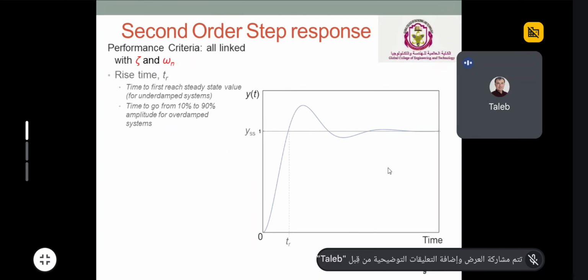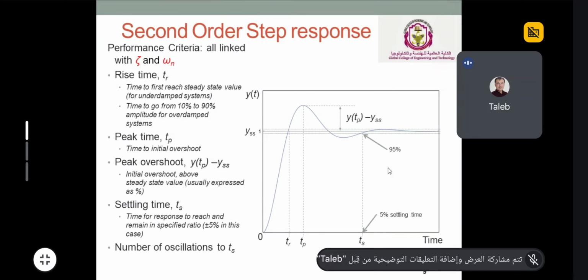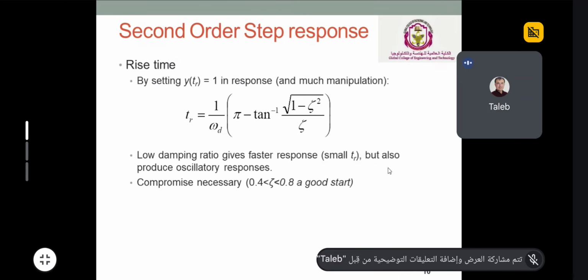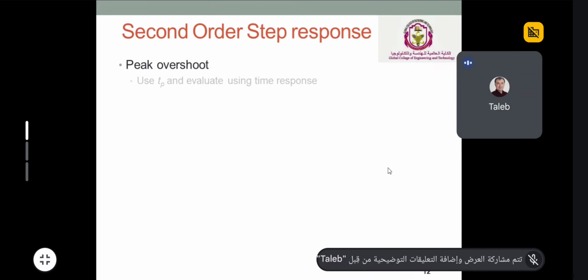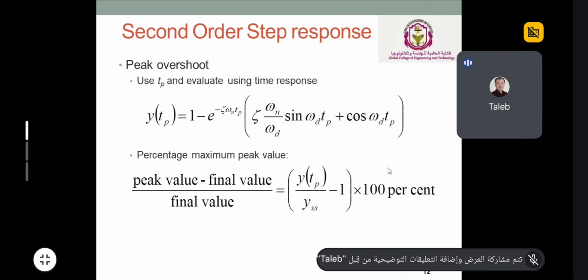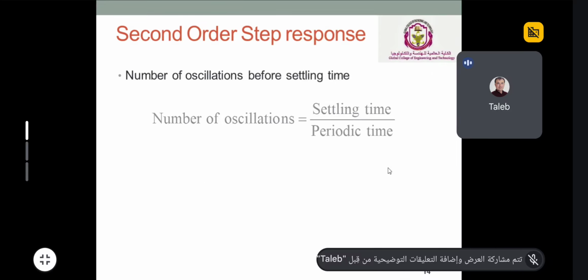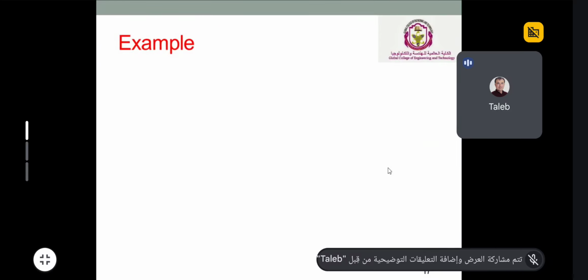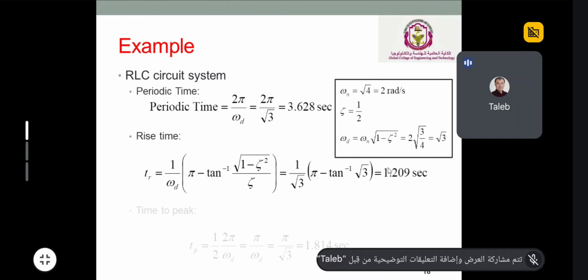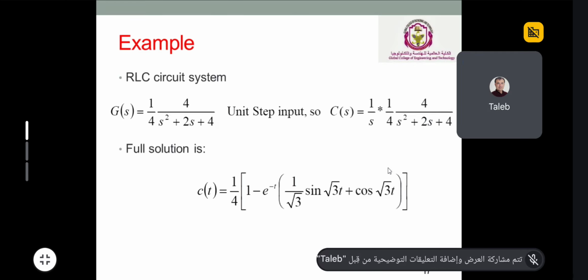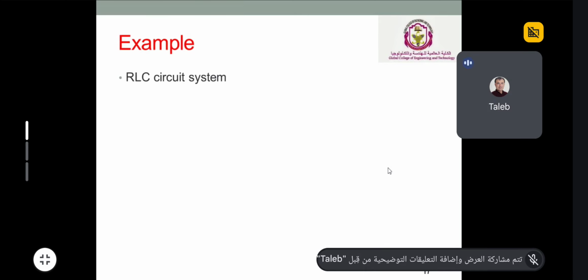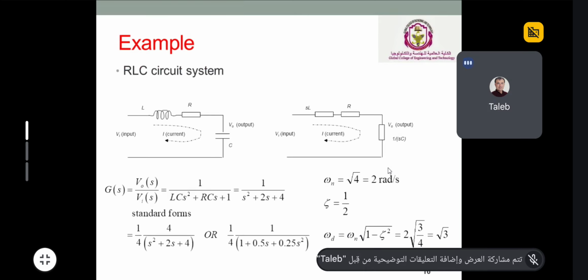No matter what the system is, underdamped, critically damped, any type, any condition, you will find the numbers omega n, omega d and zeta, and find that. So now if I give you this example with the RLC values, you will find omega n and omega d here.